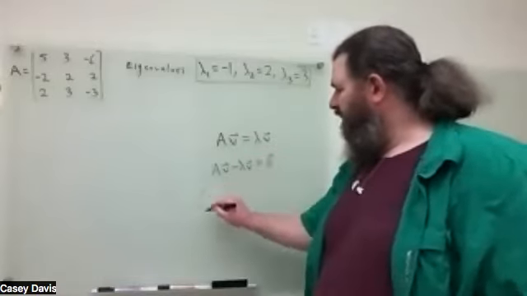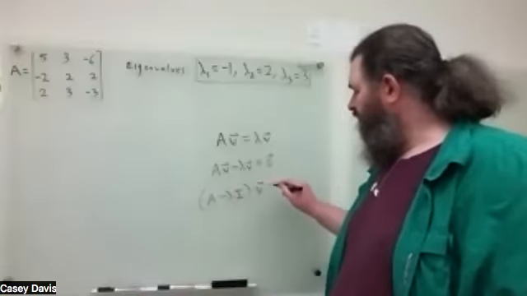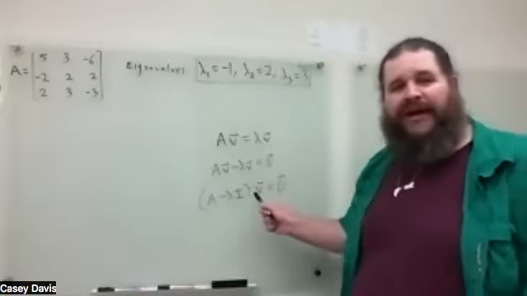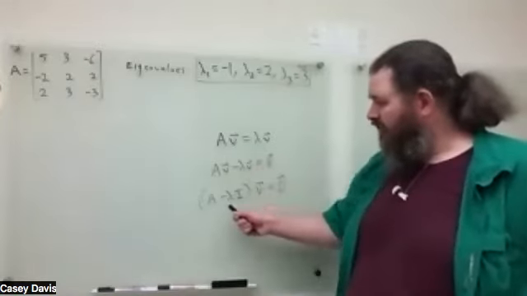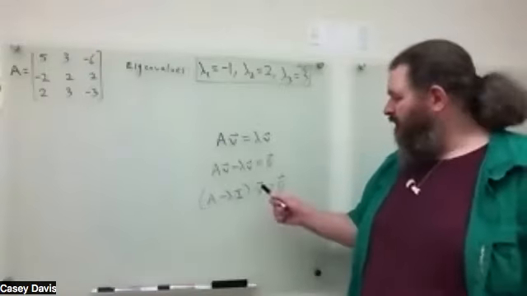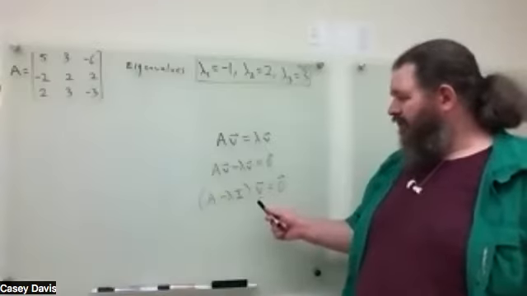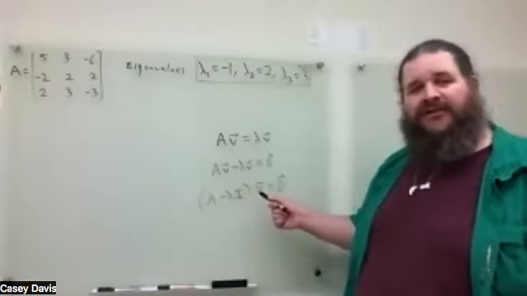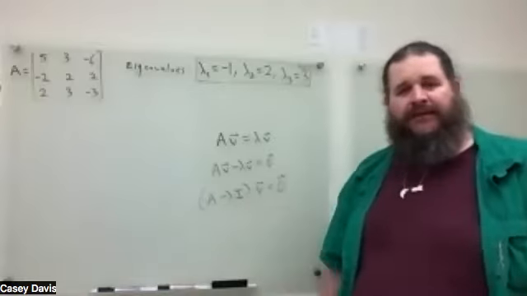We factored out V. We're left with A minus lambda I times V equals 0. This was the last step where we actually solved V. After this, we kind of abandoned V and focused on just the matrix A minus lambda I and the properties it had to have. But if we backtrack to this, the last time we saw V, now that we know lambda, we can think of this as just solving for V. That is, finding the null space of A minus lambda I.